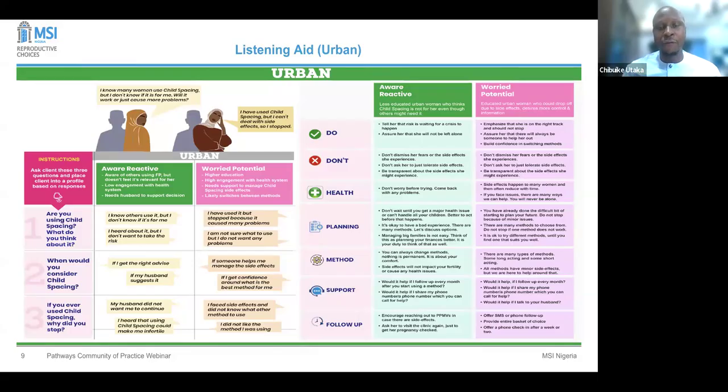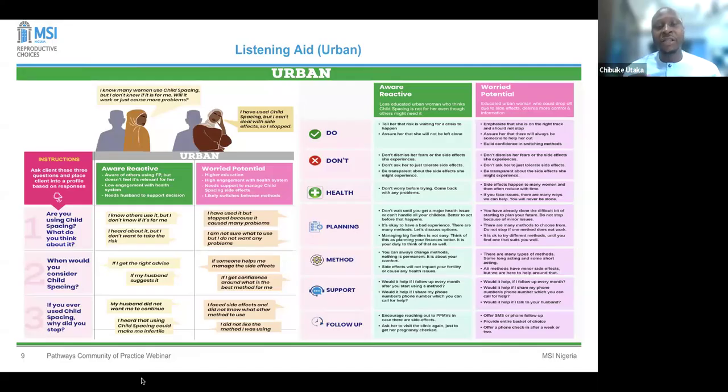So you can see in the middle of these two where you have the don'ts, the kind of things you shouldn't say at that point, the do's, what you should say to this woman at this point, the health, what you tell the woman, planning, what next step, the kind of methods you would reassure this woman are available, the kind of support this woman needs, the kind of follow-up she needs, and all that.